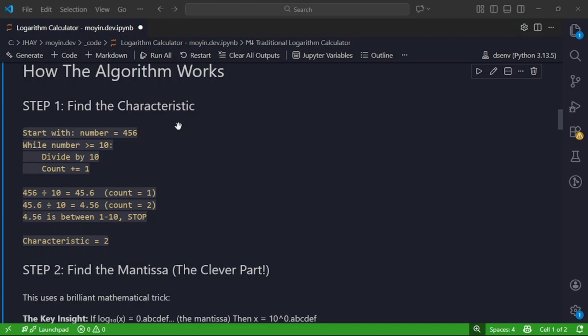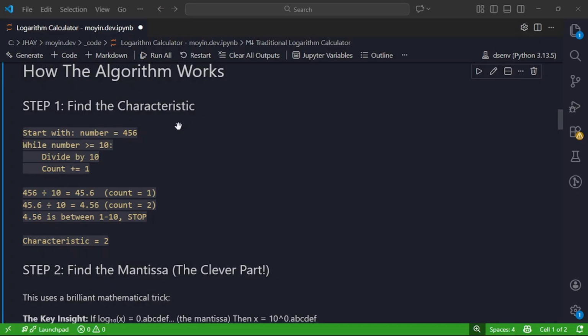Remember. Next, you take 45.6, you divide it by 10. What happens? You get 4.56. Count is incremented to 2, because on the second iteration it gets an additional 1. And then it becomes 2.